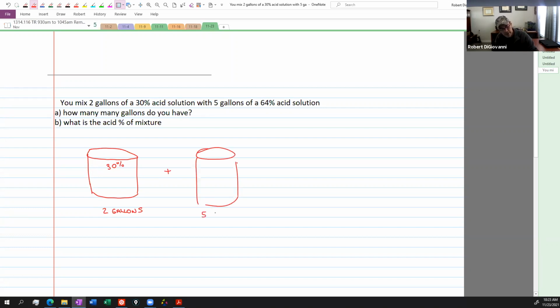It's 5 gallons. But this one is 64%. It's a stronger acid. When I add those 2 together, I'm going to get, well, first the easy part, 7 gallons, right? But what's the percentage of acid in this mixture?